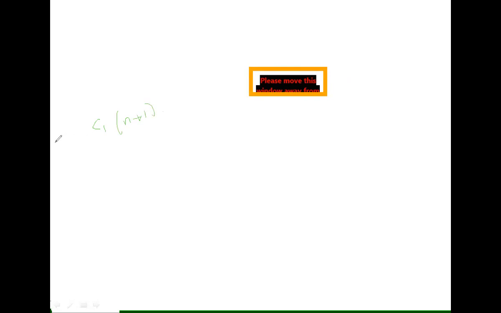So the time complexity T equals C1 into n plus 1, plus C2 into n into n plus 1 by 2, plus C3 into n into n minus 1 by 2.